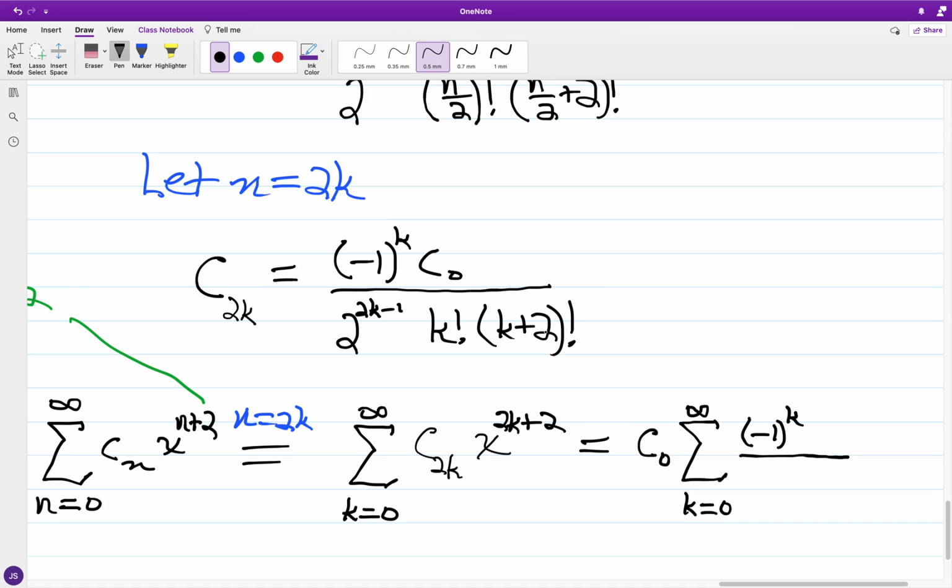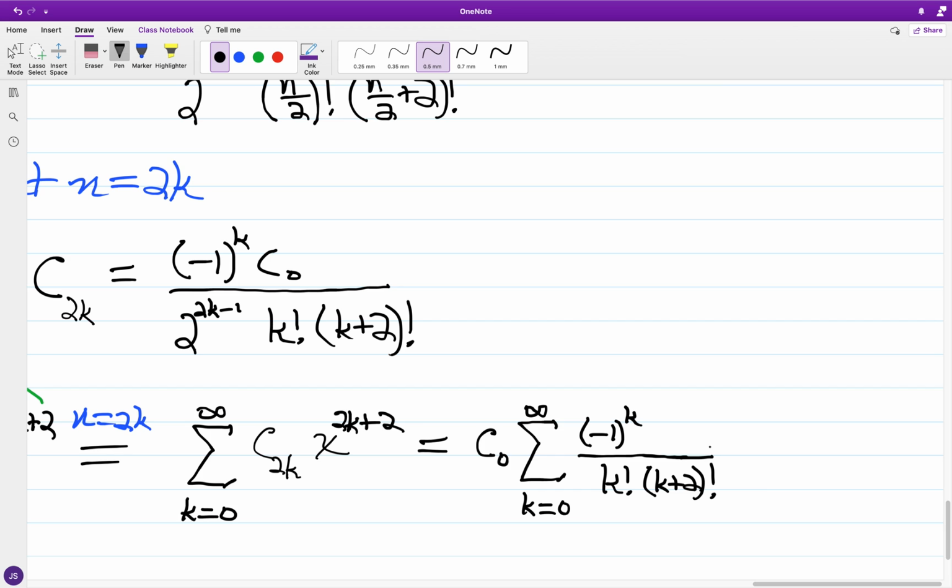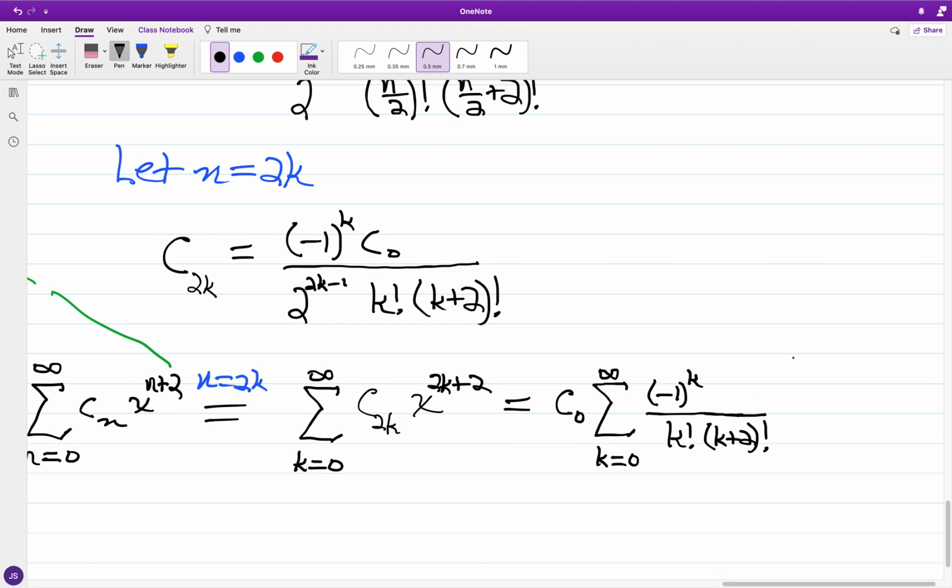It's got -1 to the k, and I have all over k factorial times the quantity of k plus 2 factorial. But right now I have a mismatch between the degrees upon which x and 2 are going to be raised. Okay, but I can make a quick fix of this. But for right now, I have x to the 2k plus 2.